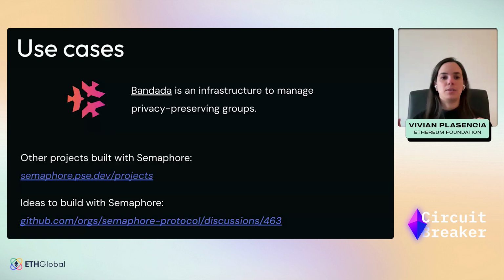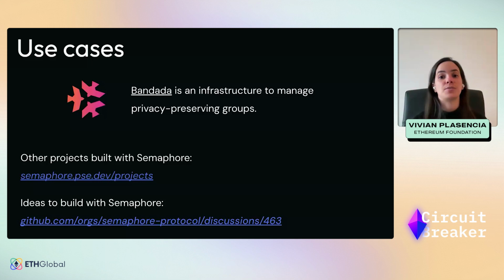Let's talk a bit about Semaphore use cases. Here you can see a link to some projects that other developers have built with Semaphore. And here is another link for ideas to build with Semaphore. One example of a project using Semaphore is Pandada, which was covered in a workshop earlier.